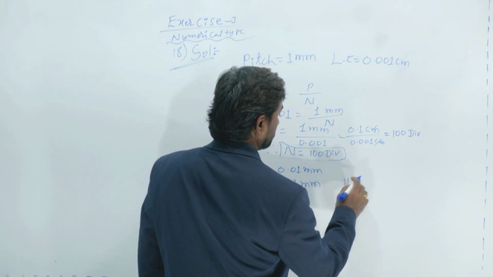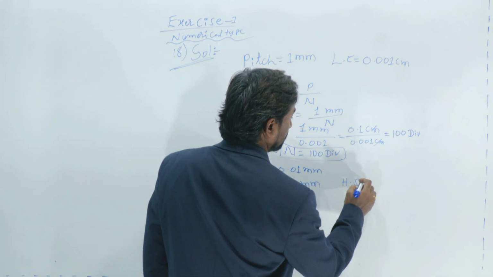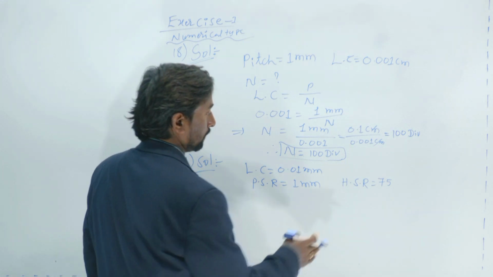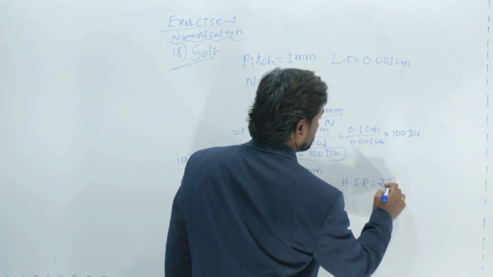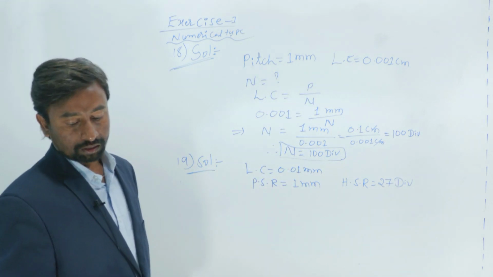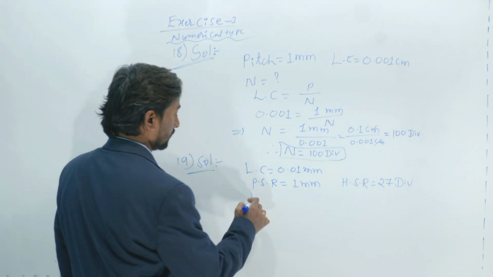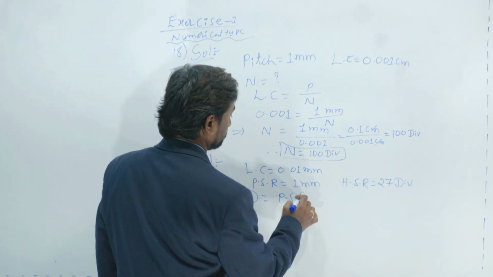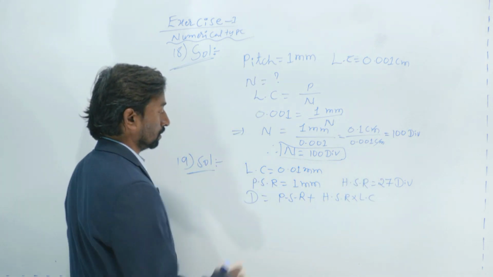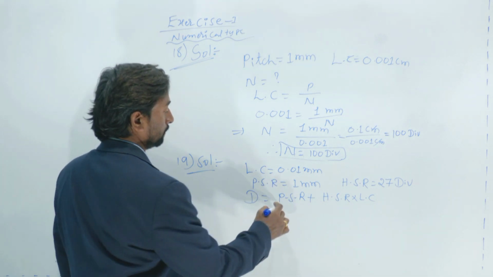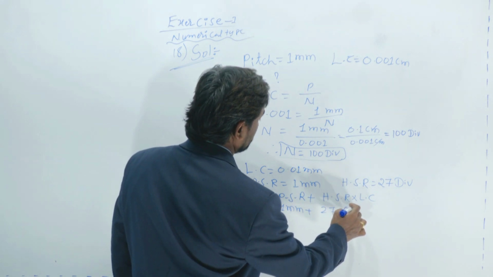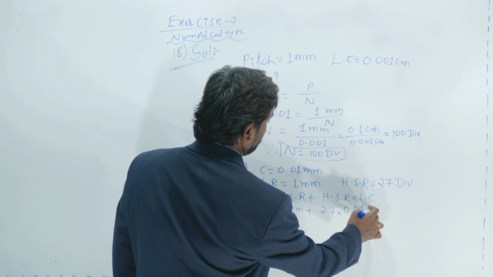So HSR we can write here, HSR is equal to 27 divisions. Now they are asking the diameter of the wire. So diameter D is equal to PSR plus HSR into least count. PSR is 1 mm plus HSR is 27 into least count 0.01 mm.